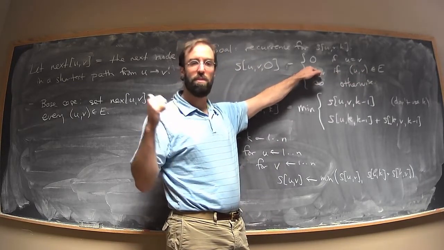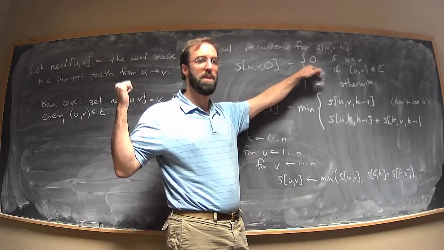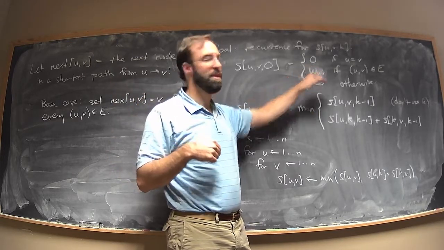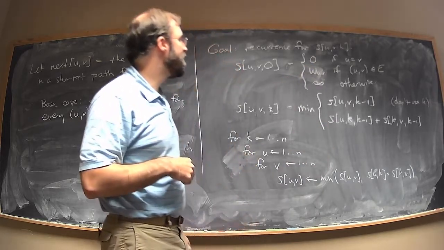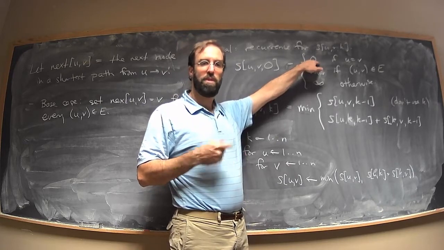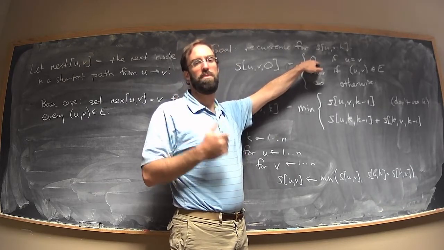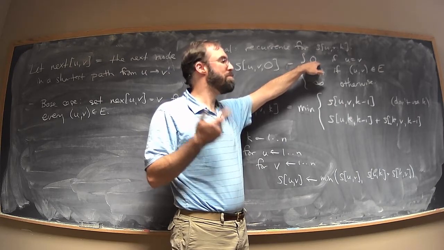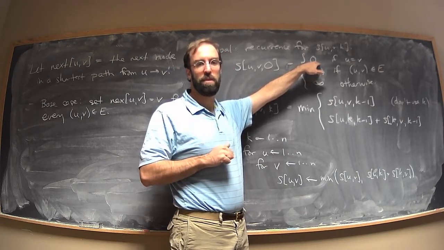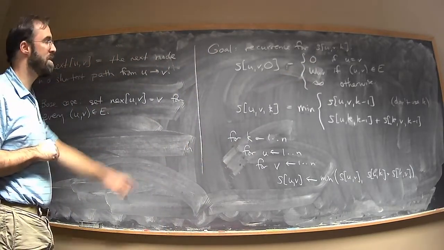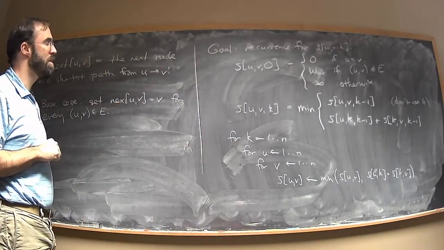And so our next will say that the best thing we know of, if you're trying to go from U to V, is just go directly to V. We don't really need to worry about the case next UU, because if I'm just trying to get from U to U, I know that I don't need to go anywhere.